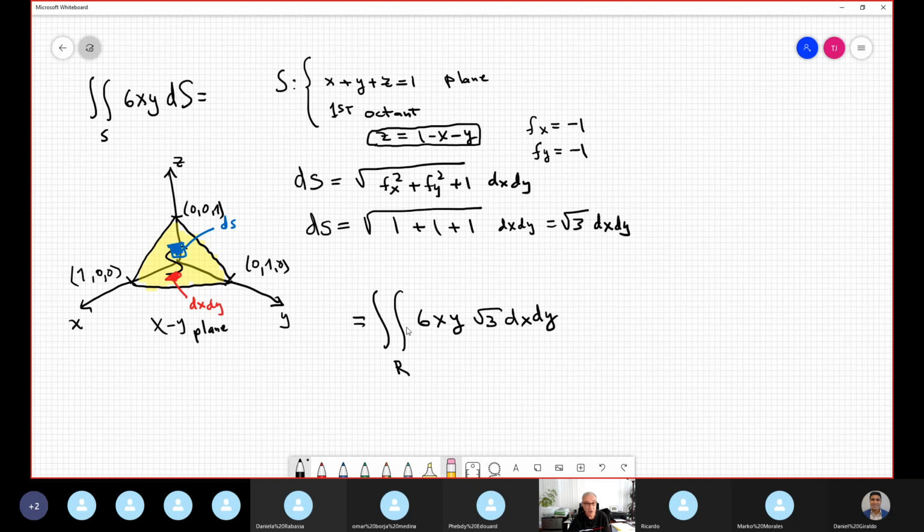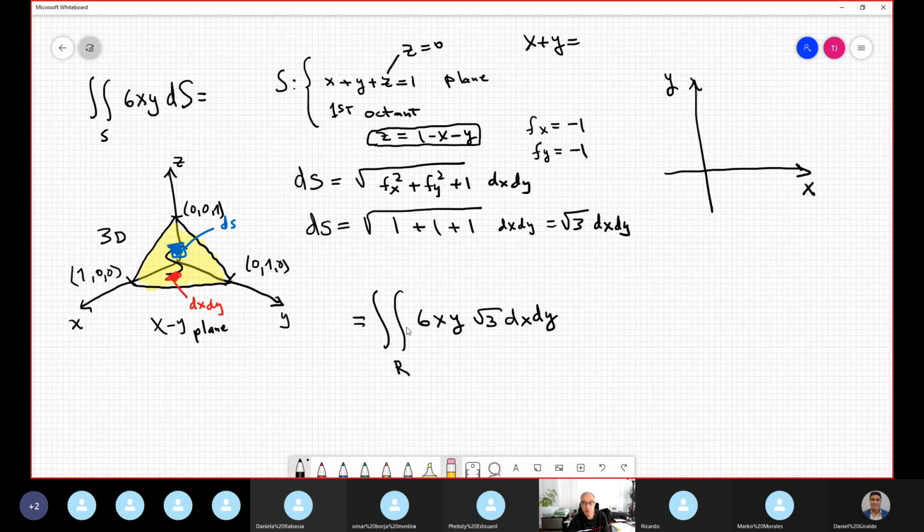Okay, to see the region R, I can see this 3D picture, but I want to do a sketch in 2D. Well, if I assume that z is 0, then my equation is x plus y equal 1, and it's a line. Of course, not a line, a segment, connecting this point, which is 1, and this point, which is 1. This is the equation for this part.